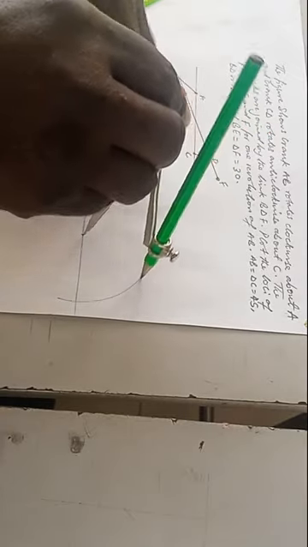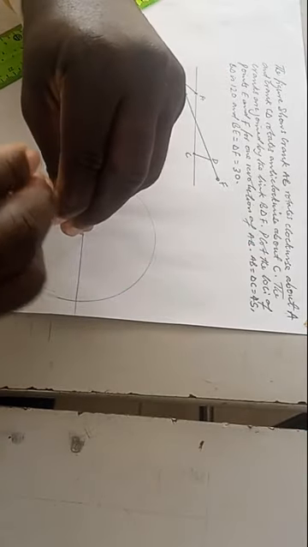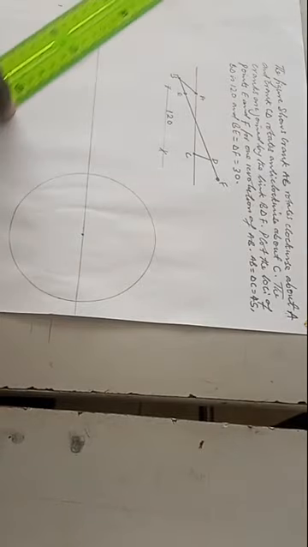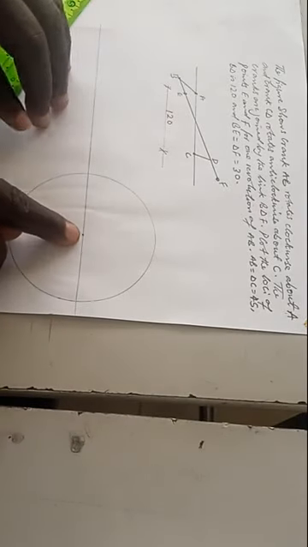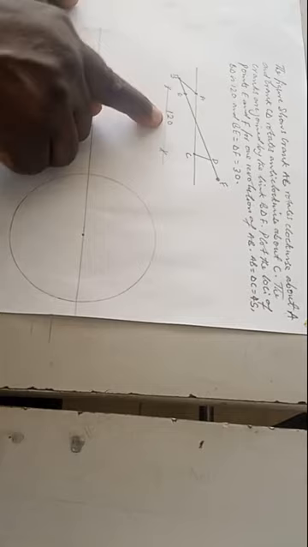So we draw a circle of radius 45, because it says the length of the crank is 45, and that will give us a circle. Now this will represent my C. From this center to A is 120.